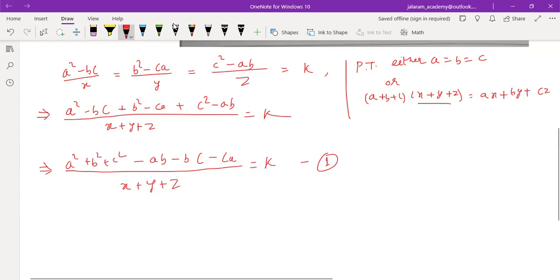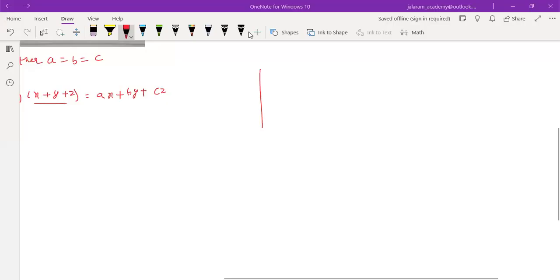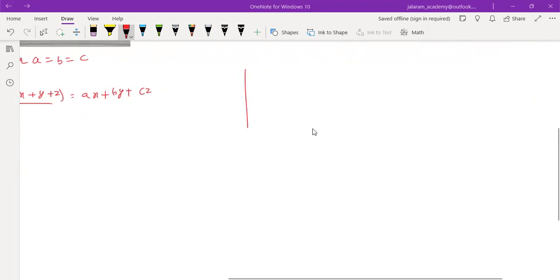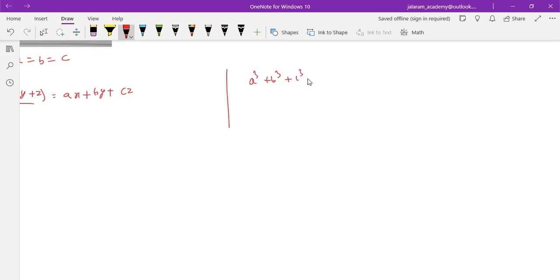Raise your hand if you can tell the formula which involves a square plus b square plus c square minus ab minus bc minus ca. The formula is a cube plus b cube plus c cube minus 3abc equals a plus b plus c into a square plus b square plus c square minus ab minus bc minus ca.